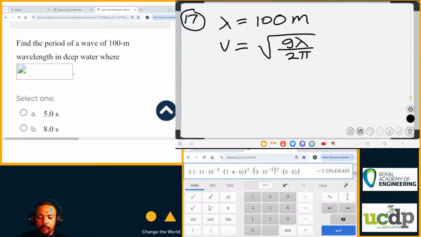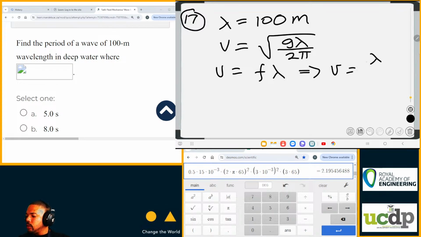Now, we know that speed is equal to frequency times wavelength. And if you rewrite that, frequency is 1 over t. So we can rewrite it as speed is equal to wavelength over time.